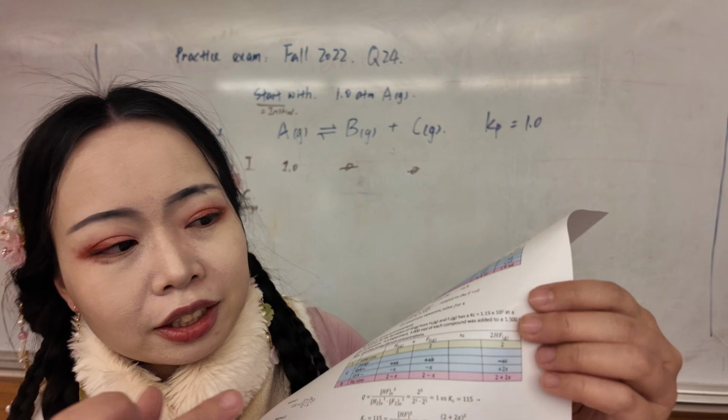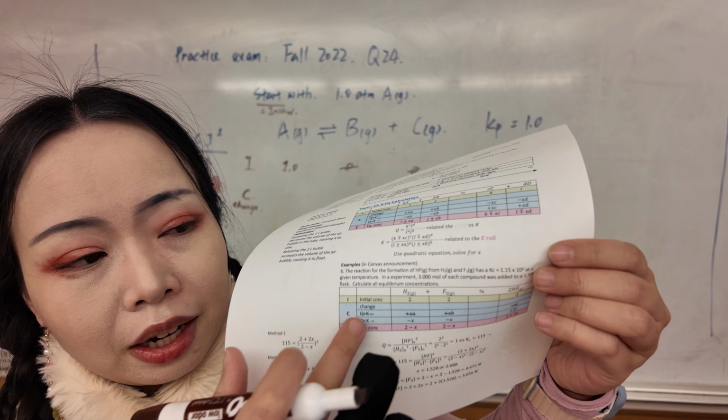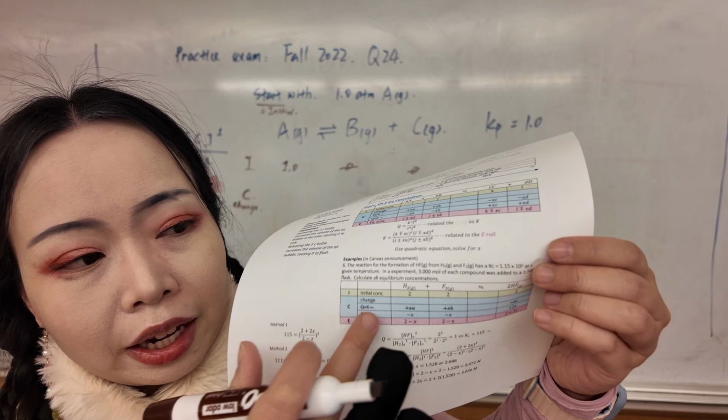So finally, we'll get to a table very like our limiting reagent. This direction, for sure, the reaction will move in that direction, right?